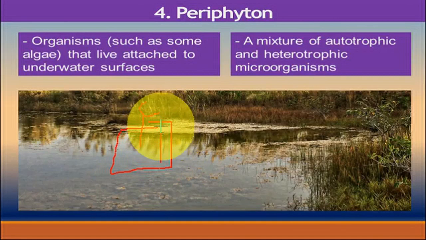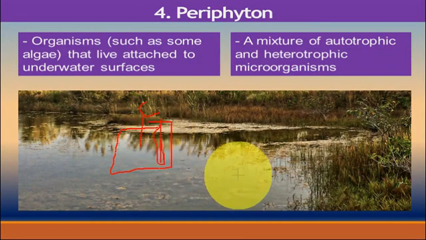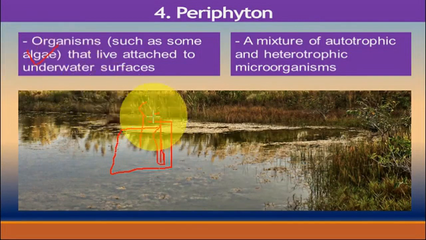On the surface of the part of the body which is underwater, some microorganisms, mainly algae, colonize. And when these algae colonize on the surface of the submerged plant, it is called periphyton.